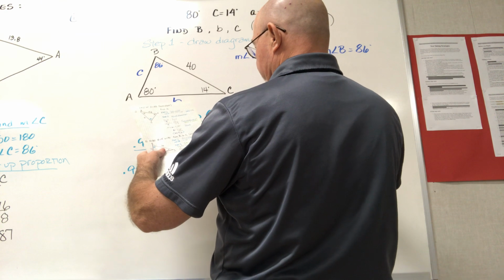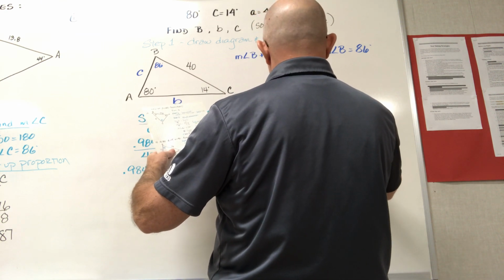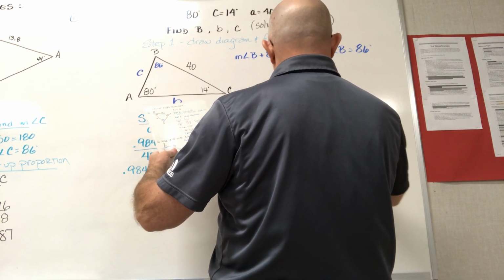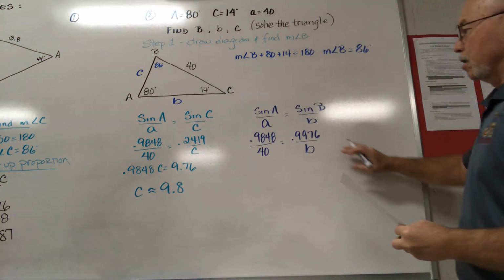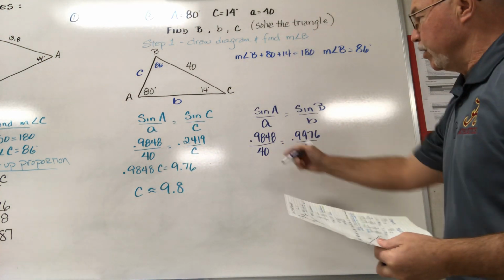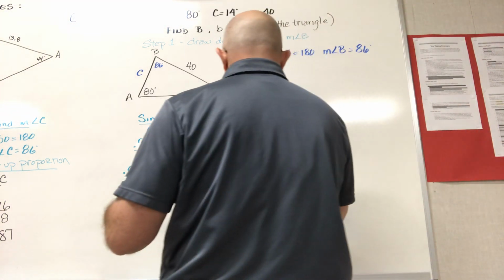The sine of that is, once again, one variable, three numbers, cross multiply to solve.